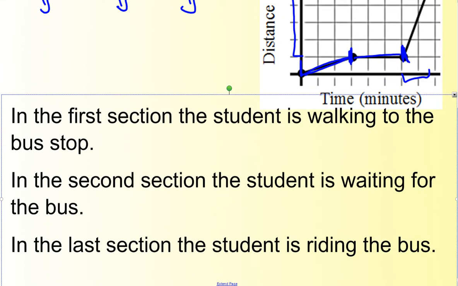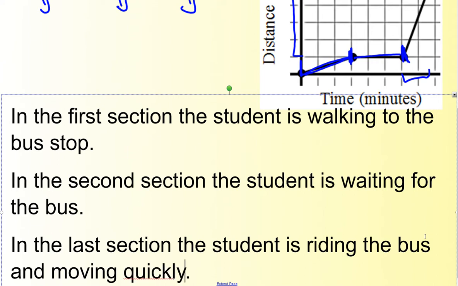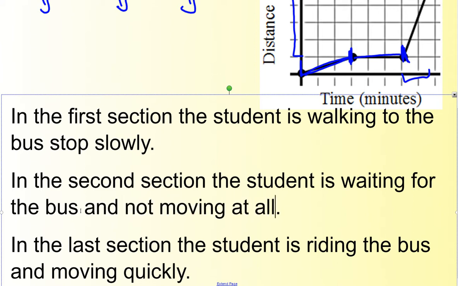And then finally in the last section, the reason why he's moving very fast is now the student is riding the bus and moving quickly. Let's see, what are the details? The first section, the student is walking to the bus stop slowly. The second section, the student is waiting for the bus and not moving at all. And finally, in the last section, the student is riding the bus and moving quickly.